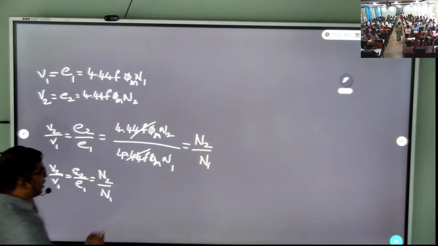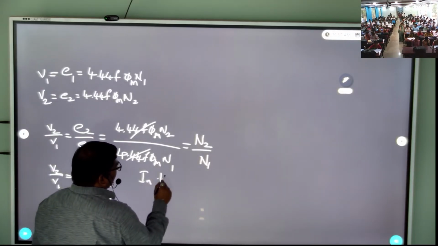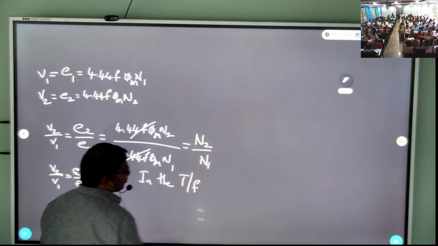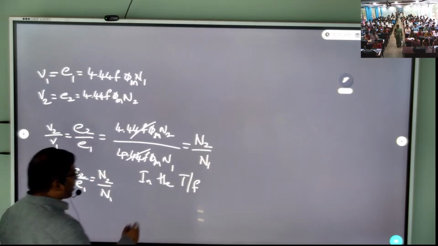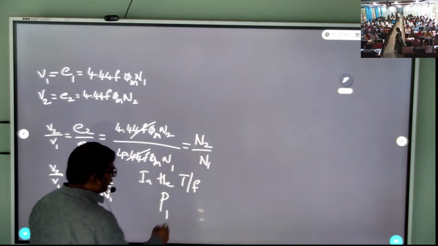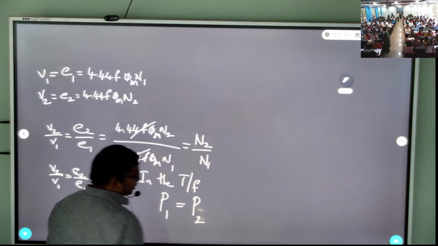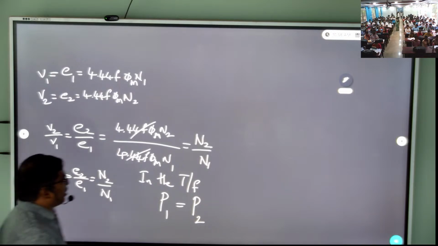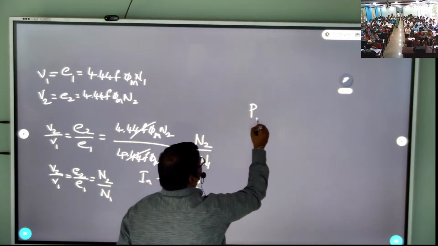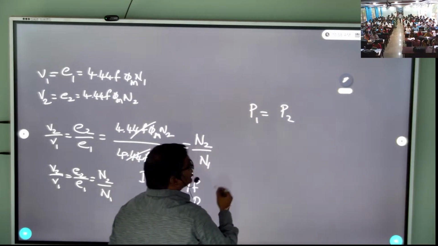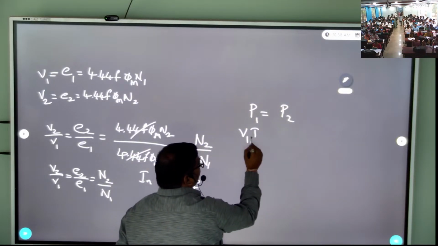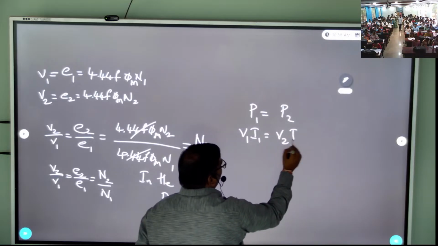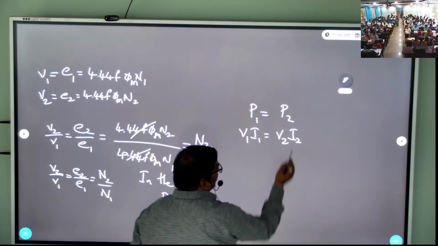And one more thing, in the transformer, input power is equal to output power. Power will not change in the transformer. So what is the power formula? P1 is equal to P2, that is V1 I1 is equal to V2 I2.